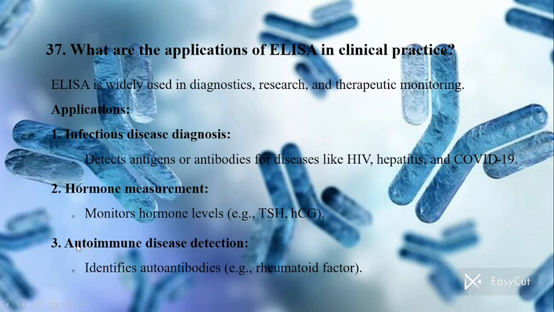The next application is autoimmune disease detection, where ELISA detects autoantibodies. As we know, autoimmune diseases are caused by autoantibodies which mistakenly attack the body's own cells, and ELISA identifies those autoantibodies, for example, rheumatoid factors.